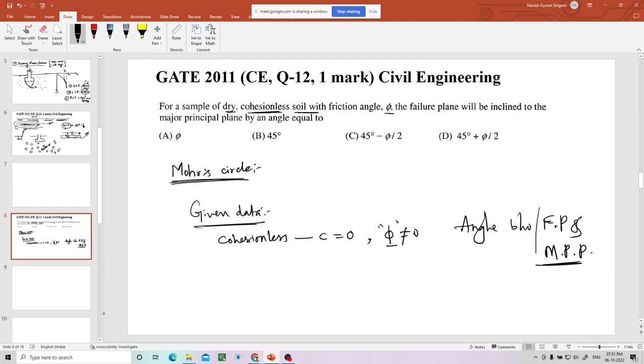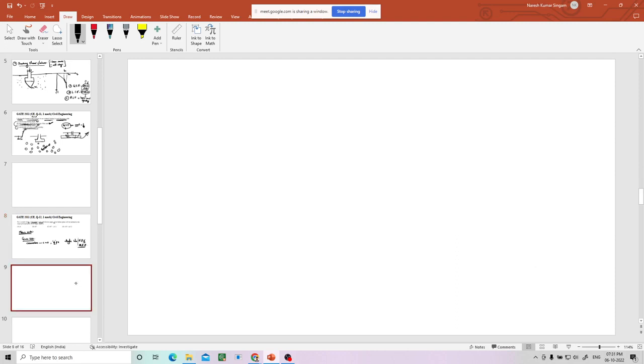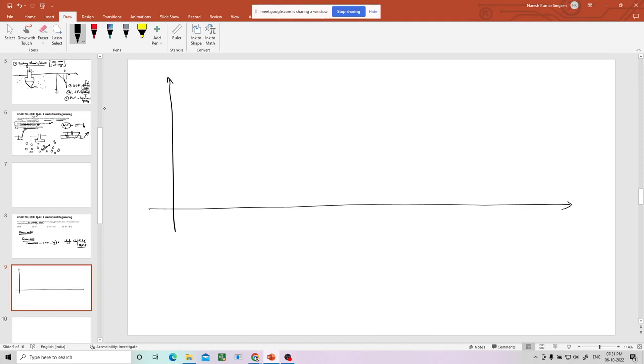So let us draw a rough Mohr circle. As C is 0 and phi not equal to 0, it is cohesionless soil, so there should not be any intercept on the Mohr-Coulomb failure envelope. So I can draw one line like this, right? See, the Mohr-Coulomb failure envelope equation is what? Shear strength, this is tau, this is sigma.